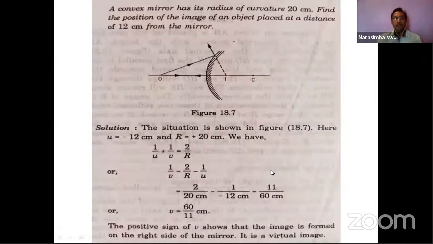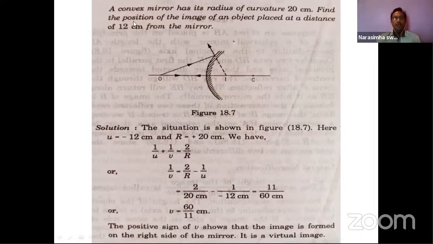Now here is a problem related to curved surfaces. A convex mirror has a radius of curvature of 20 centimeters.